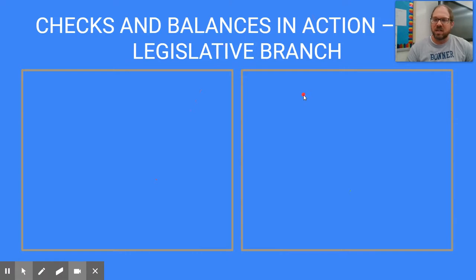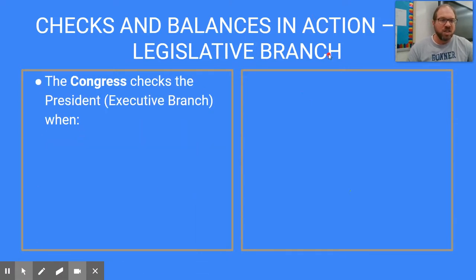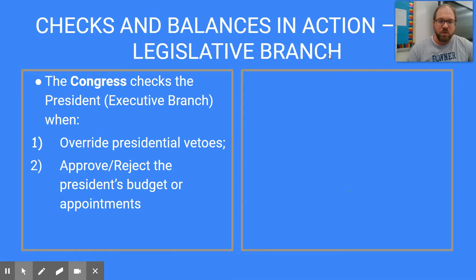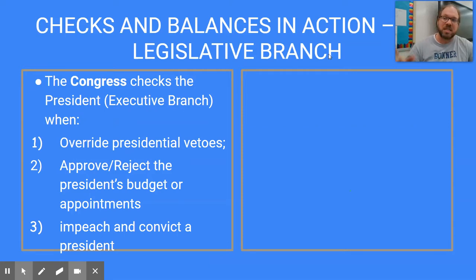This is how the legislative branch checks other branches. The Congress checks the president or the executive branch when they override presidential vetoes, approve or reject the presidential budget or appointments, impeach and convict the president who's sitting, which means basically he's fired.